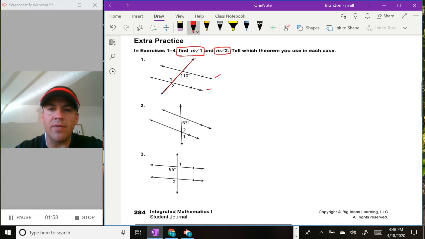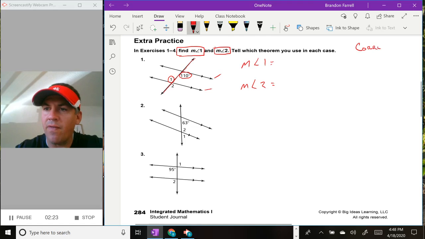So what we have to do is figure out what the measure of angle 1 and the measure of angle 2 are equal to, based on what we know of the relationship to 110. Well, angle 1 is alternate interior angles.